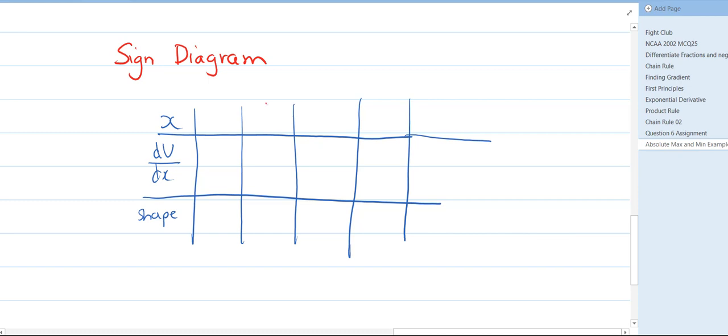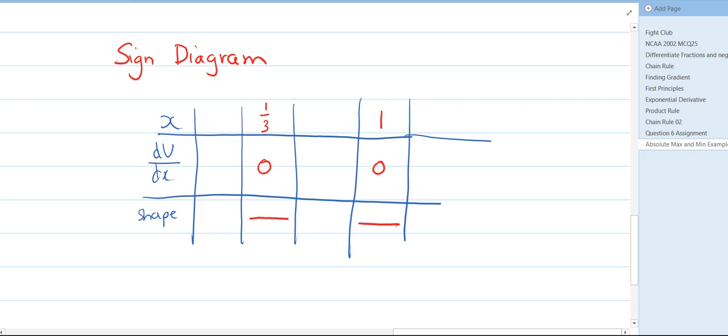I know that so far at 1/3, the gradient is equal to 0. And I know that the shape of a gradient that's 0 looks like this. It's a horizontal line. That's my tangent. Same thing with at 1. I know the gradient's 0, because dv dx is equal to 0. And again, the shape is 0.